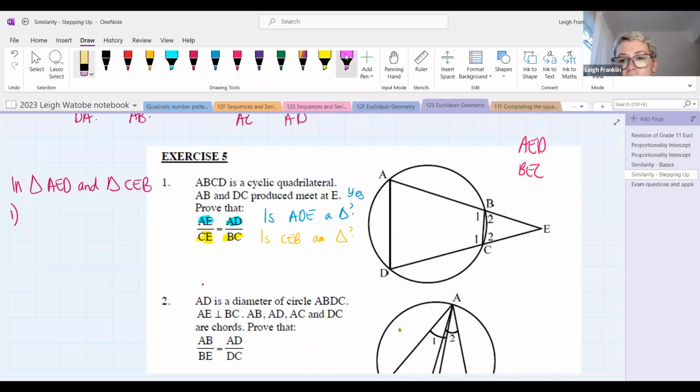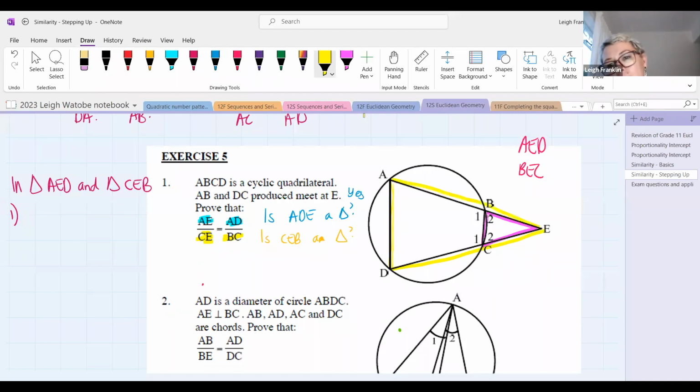Let's highlight the triangles for you. There's BEC, and here, in a different color, is ADE, the big triangle.